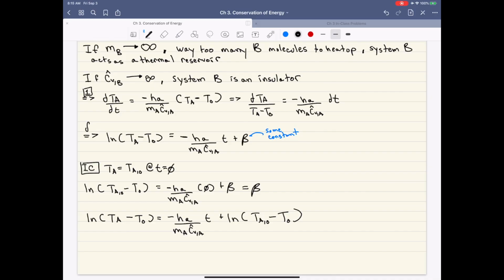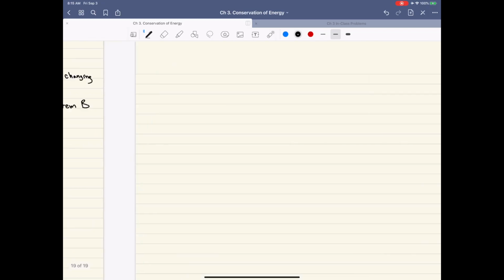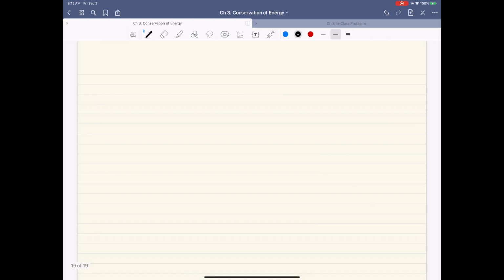And if we rearrange this equation, which I'll do on the next page, we get that Ta is equal to T naught plus Ta naught minus T naught times the exponential of negative HA over MA CVA times time.